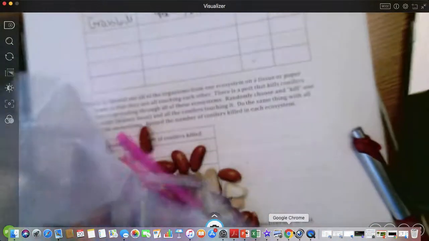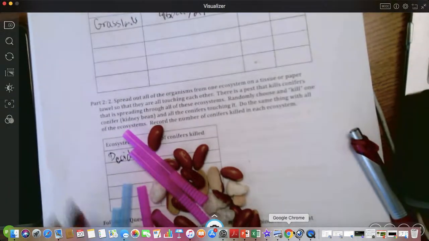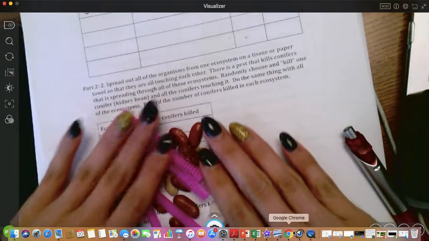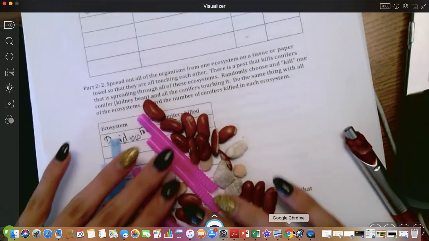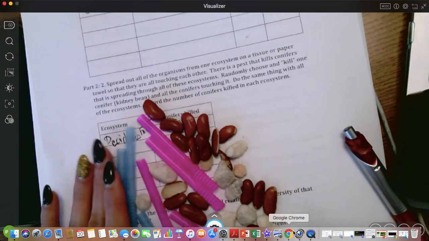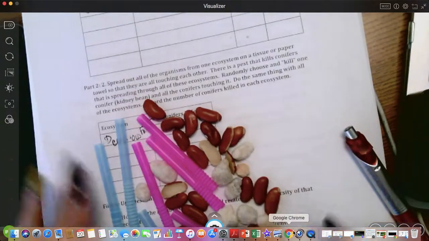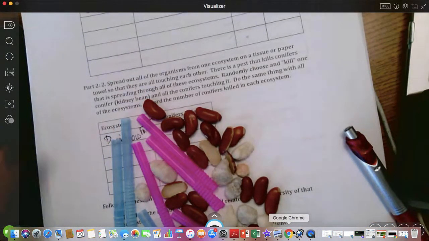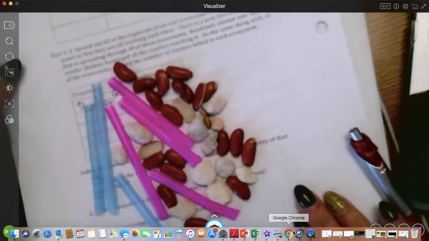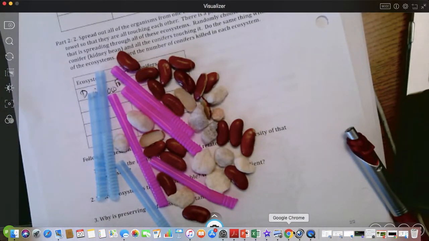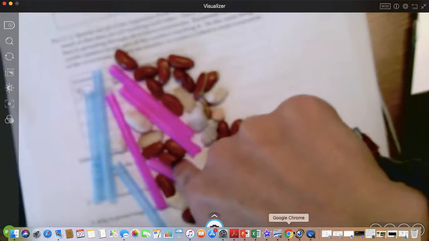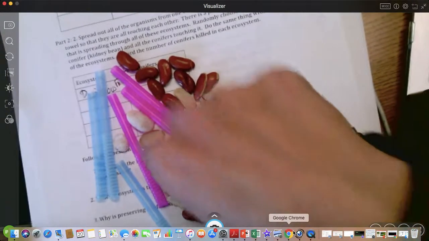You don't want a pile where they're stacked up. You want them so everything is touching, like it's one layer of thingies. Okay? There we go. In this part of the experiment, you're going to select one individual. One of these individuals is going to have a disease, and it's going to be one of these beans because all the biomes have beans.